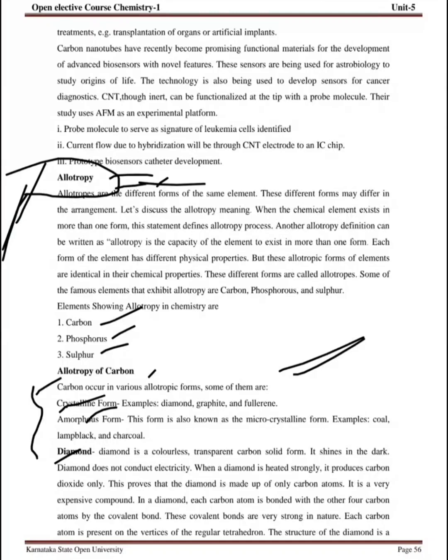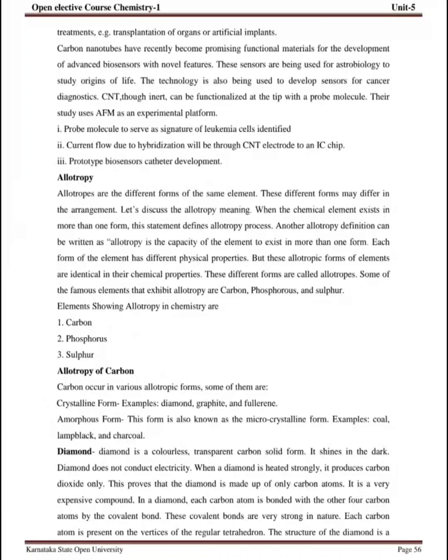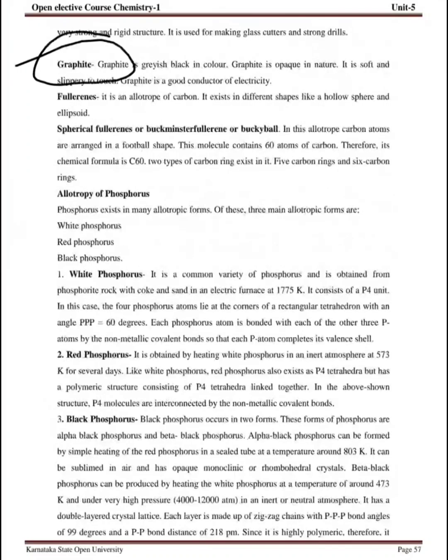And coming to the next, graphite. Graphite is a crystalline form of carbon. It is opaque in nature and slippery. Graphite is a good conductor of electricity.